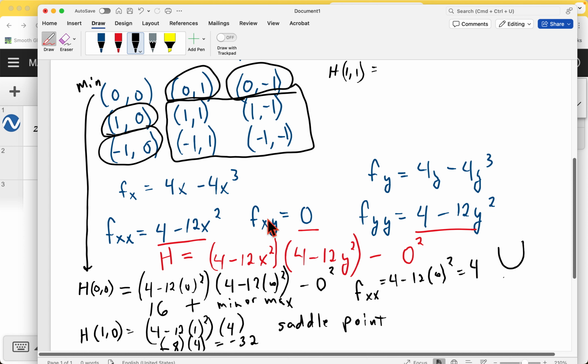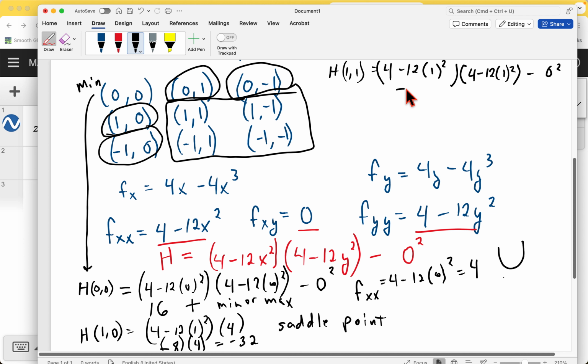So that's going to be 4 minus 12 times 1 squared, times the same thing, 4 minus 12 times 1 squared, minus 0 squared.